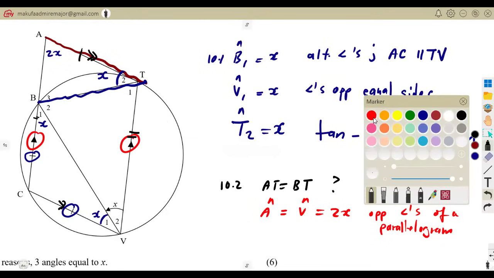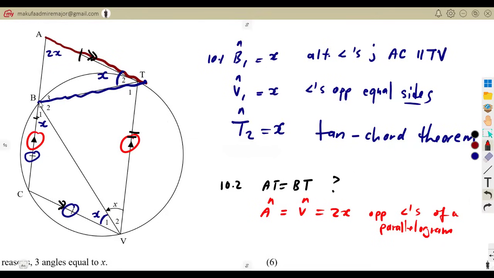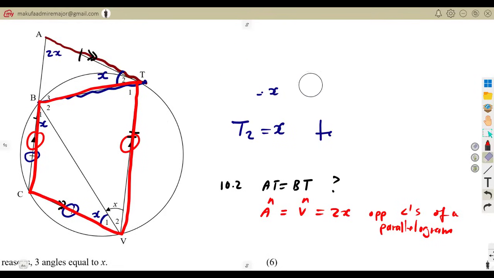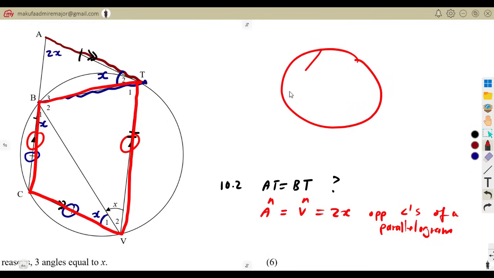If we check here properly, B, C, V, T is a cyclic quadrilateral, a cyclic quad. We understand that in a cyclic quadrilateral, the exterior angle is equal to the opposite interior angle.